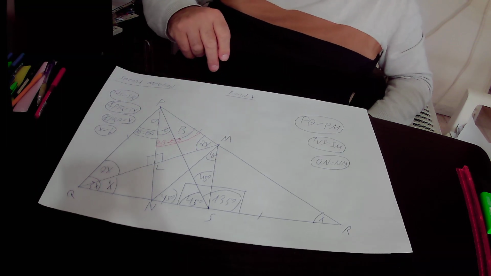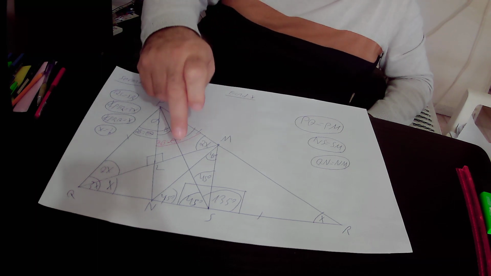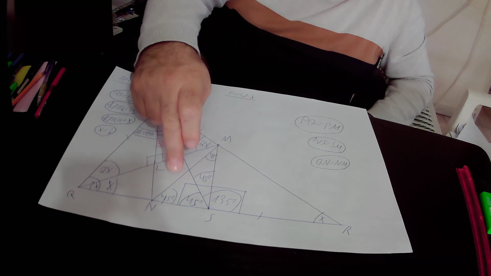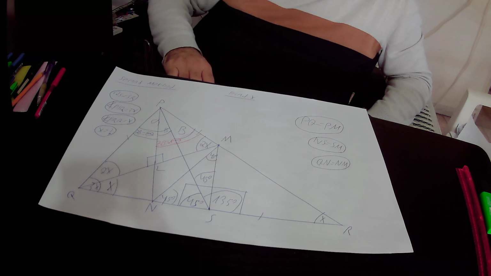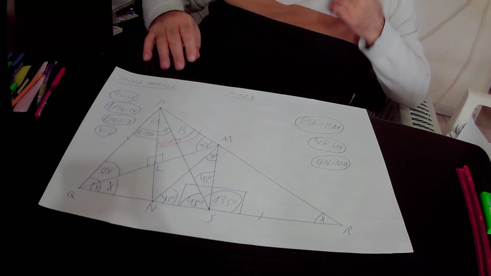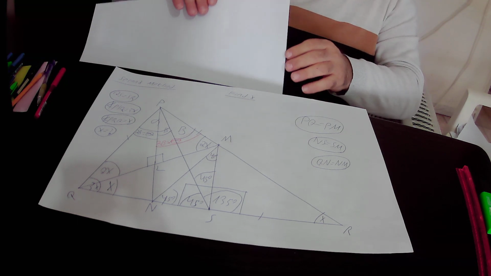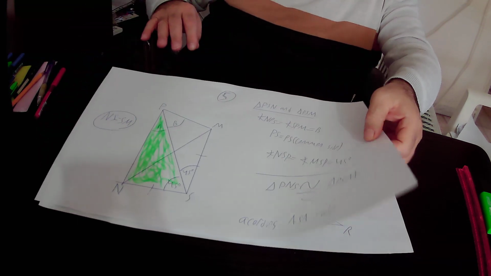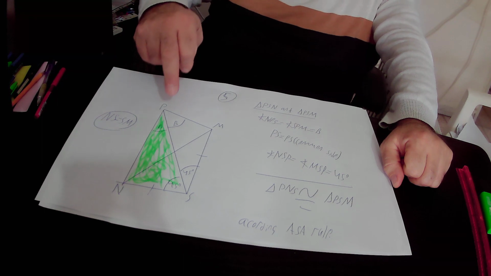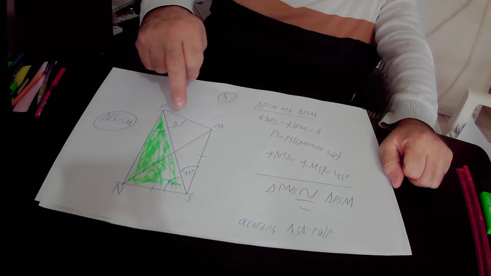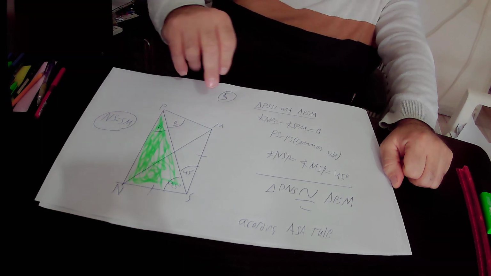Okay, then we proved that triangle PSN is congruent to triangle PMS. I drew those two triangles together in a new page, and we proved that the green triangle, triangle PNS, is congruent to the white triangle, triangle PMS.